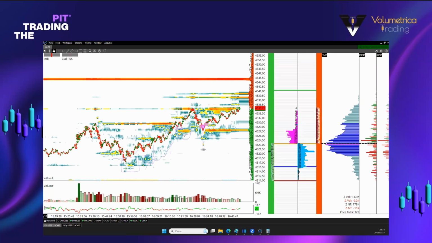This is buying liquidity since it's below the current price. Something similar happened here as well. As price hit this liquidity, it started to move back up, and as it was starting to move back up, this liquidity was added behind the price, like in a supporting way for price to rise.